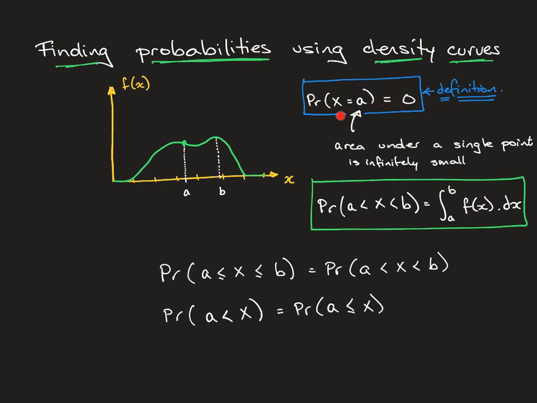Now our definition from up above makes for some interesting thinking happening with our continuous random variables, which is different to our discrete random variables.